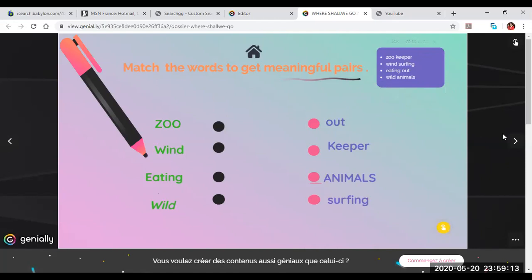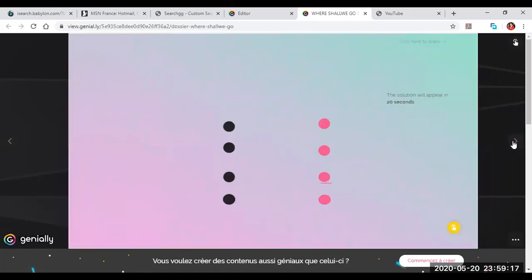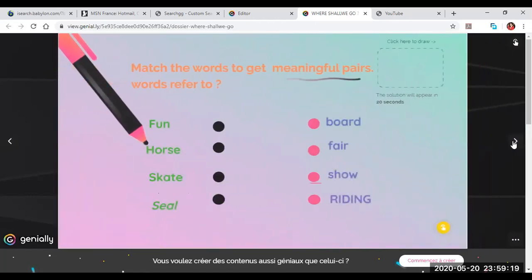Let's move on to other matching pairs. The same instruction, and then the solution will appear in 20 seconds. All right.